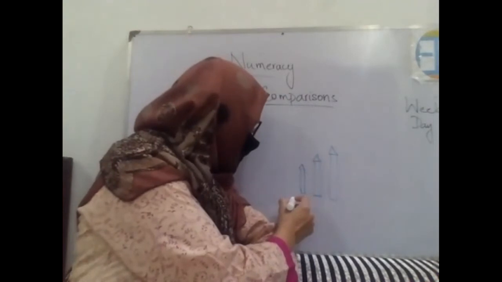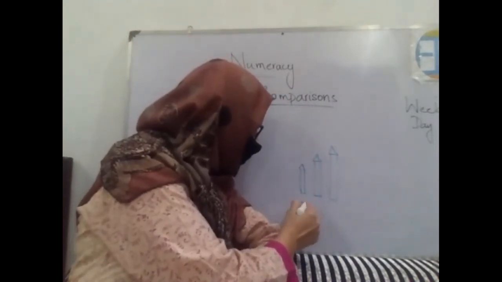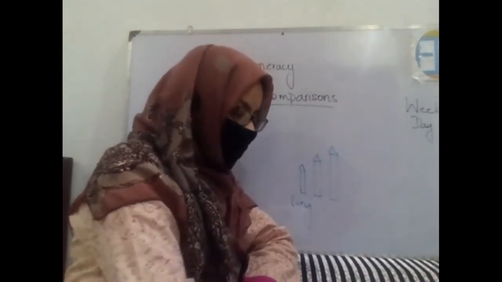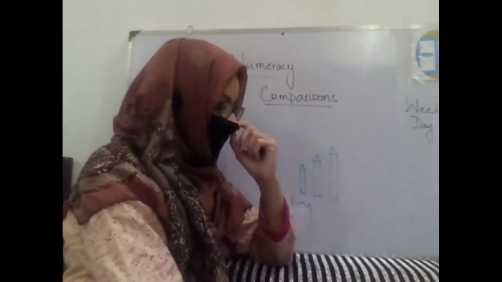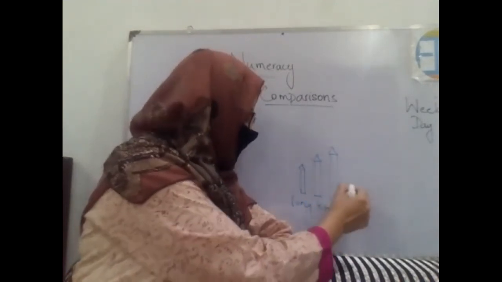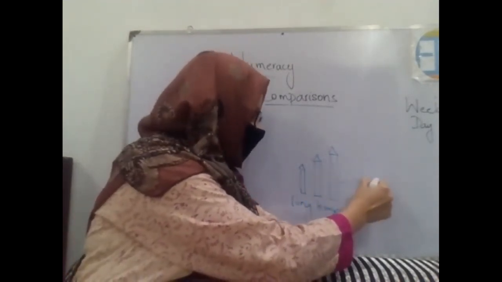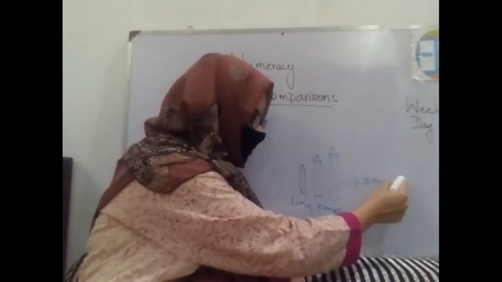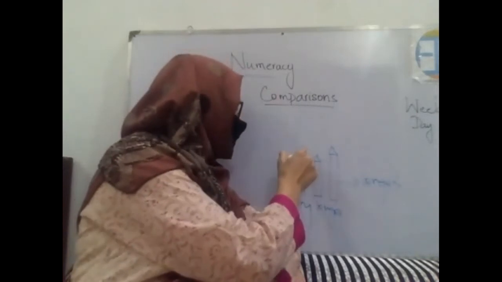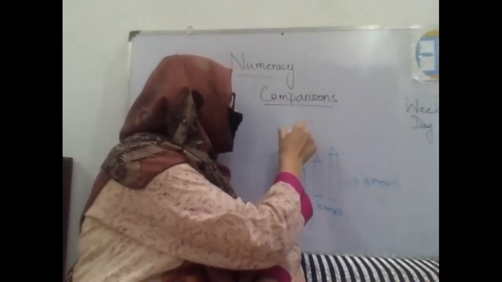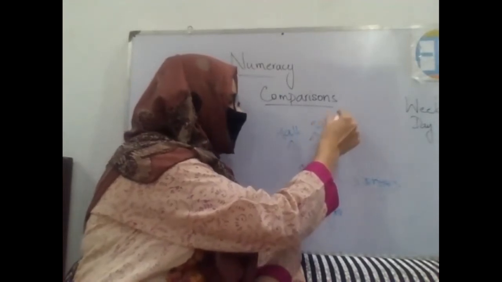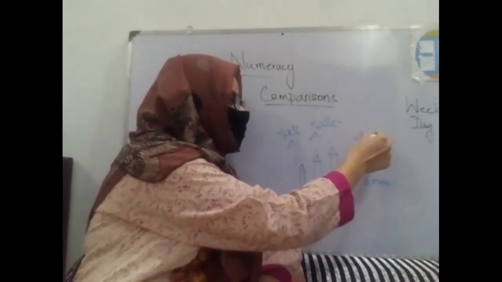Let's say I'll call this one long, then I'll call the next one longer, and I'll call this one the longest. Or let's say if I talk about height, you can call this one tall, this one is taller, and the last one is tallest.